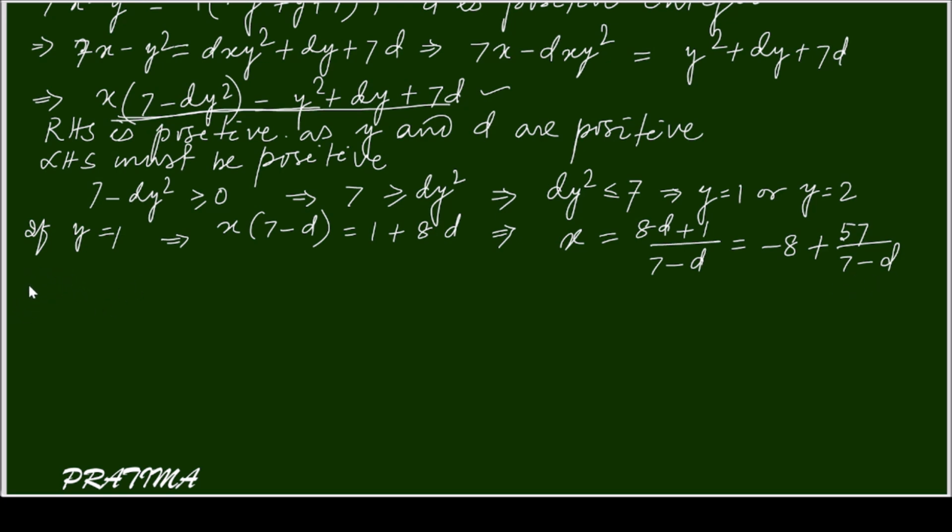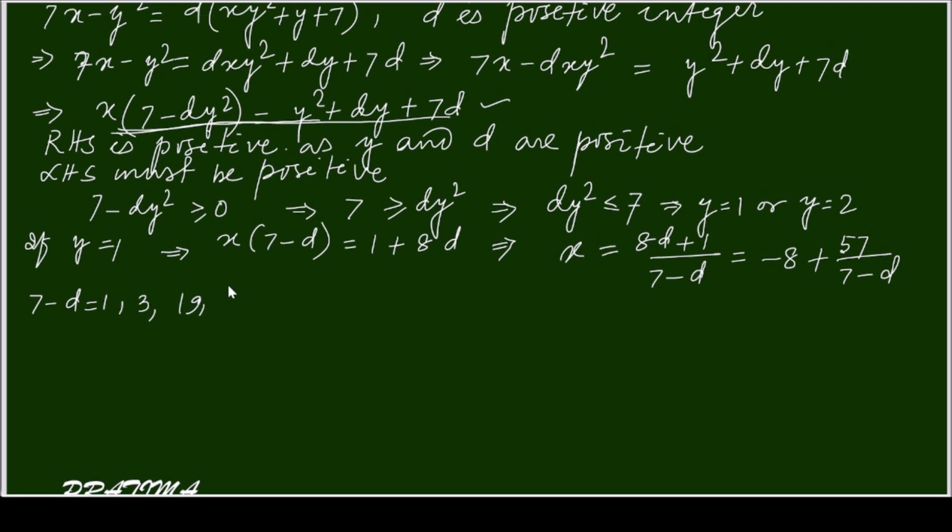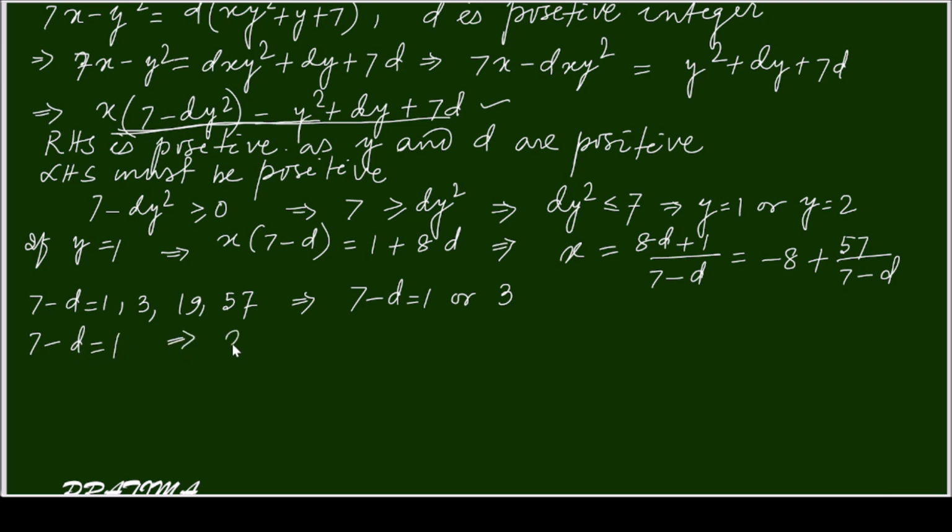So the value of 7 minus d must be a divisor of 57. The divisors of 57 are 1, 3, 19, 57. But 19 and 57 cannot be the values, otherwise x will be negative. So 7 minus d equals either 1 or 3. When 7 minus d equals 1, x equals minus 8 plus 57, that will be 49.